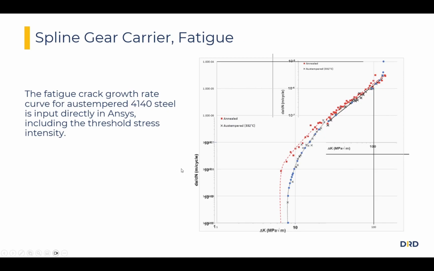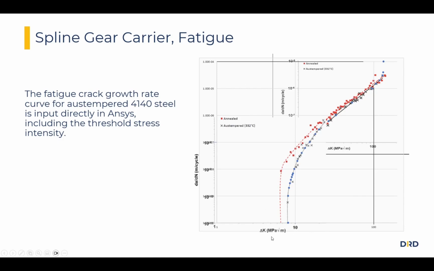And so in our particular case, we take the fatigue crack growth rate curve for 4140 heat-treated steel and input that just as a set of XY data points into the simulation, and Ansys will follow this curve depending on what the calculated delta K is to determine what the crack growth rate is.